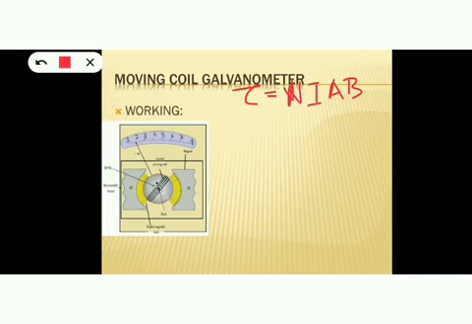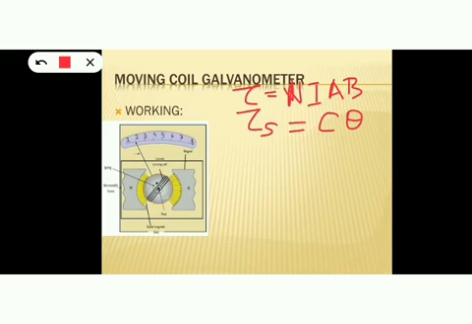And whenever this torque is produced, the spring will produce a counter torque, or restoring torque, which balances this magnetic torque, and that restoring torque expression is C theta. C is the restoring torque produced per unit twist, and theta is the deflection.